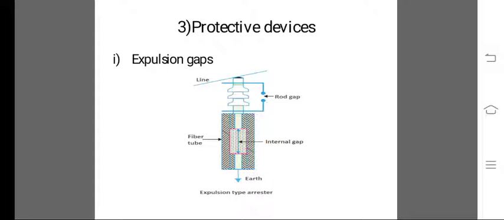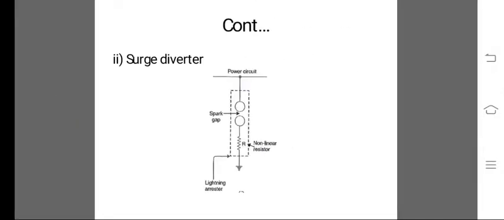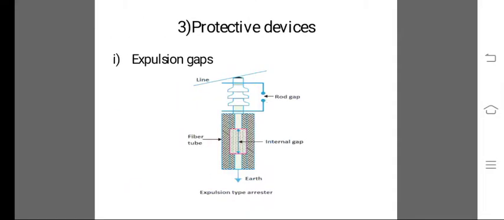Protective device. The first one is expulsion gap. It consists of rod gap and grounded electrode.